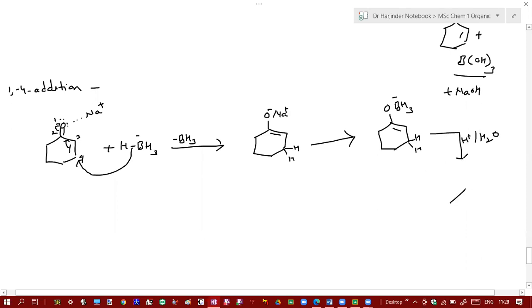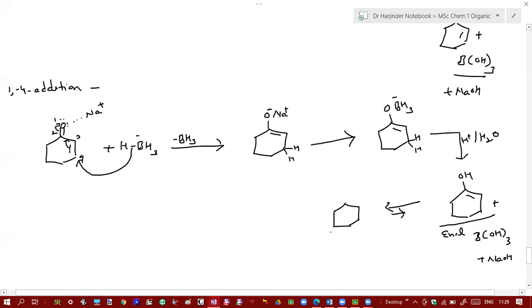So it will become OH plus boron trihydroxide plus sodium hydroxide. Now, what is this? Enol. And it will tautomerize into ketone. So your ultimate product will be cyclohexanone. So this is the process in the case of 1,4 addition, and you will get a mixture of both these products.